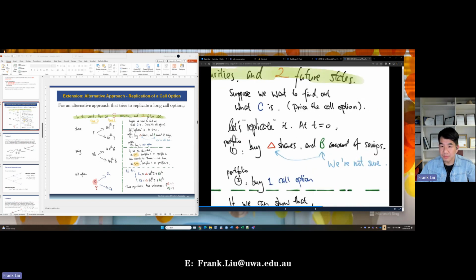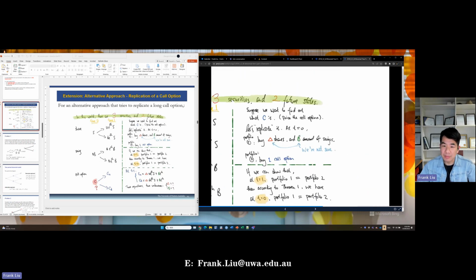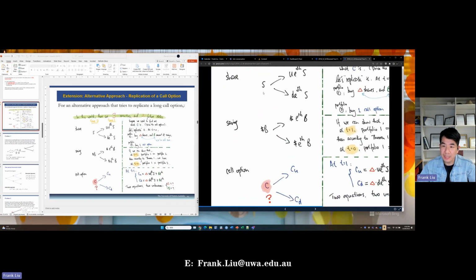Suppose we're trying to find out what C is, the price of the call option, and that's replicated. So here we're trying to replicate a call option. In the lecture, we saw using an underlying share and a call option to replicate a riskless asset.